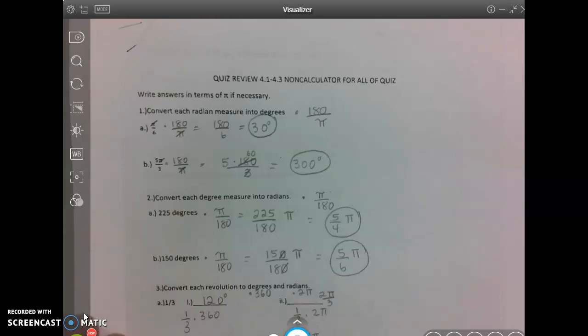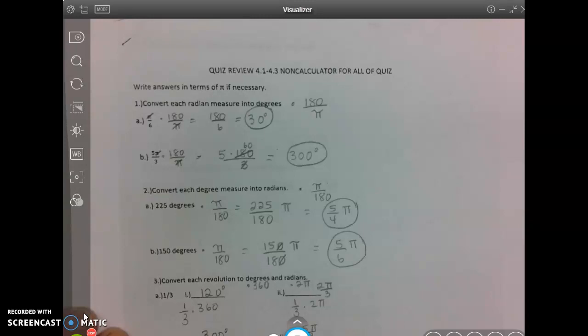Number 4, find the arc length when the radius is 2 centimeters and the angle is 240 degrees. I remember that arc length equals fraction of the circle times the circumference.